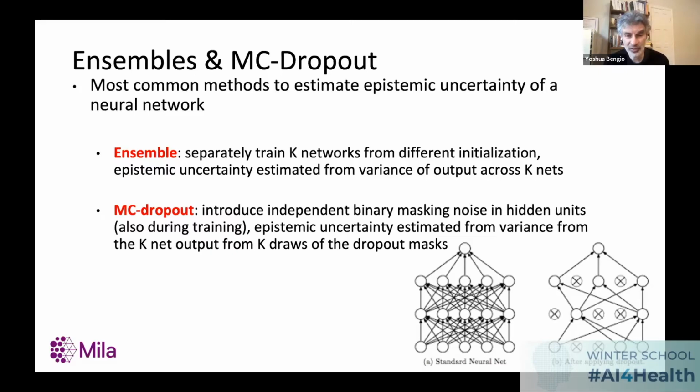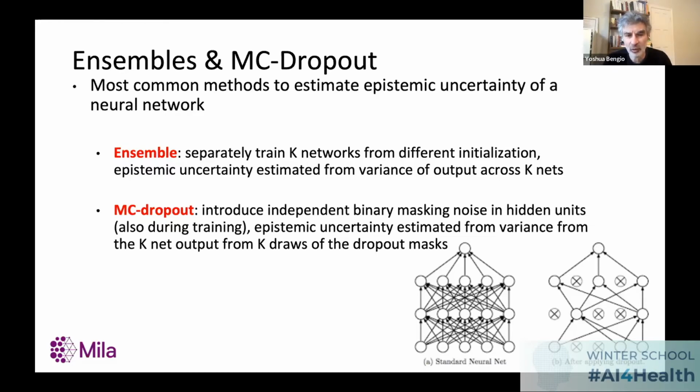Another, a bit more sophisticated but also pretty easy, is MC dropout, Monte Carlo dropout, where you use a technique that was introduced about 12 years ago as a way to introduce noise in neural nets so that they would be regularized and generalize better.